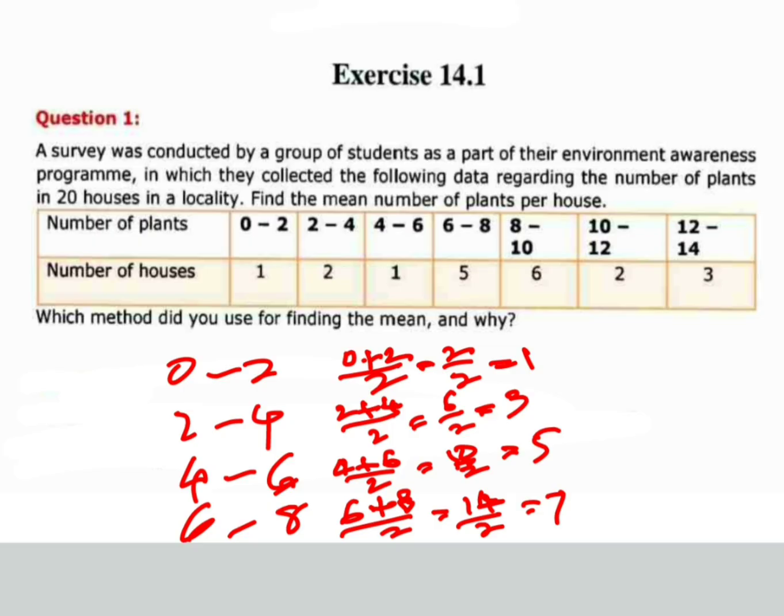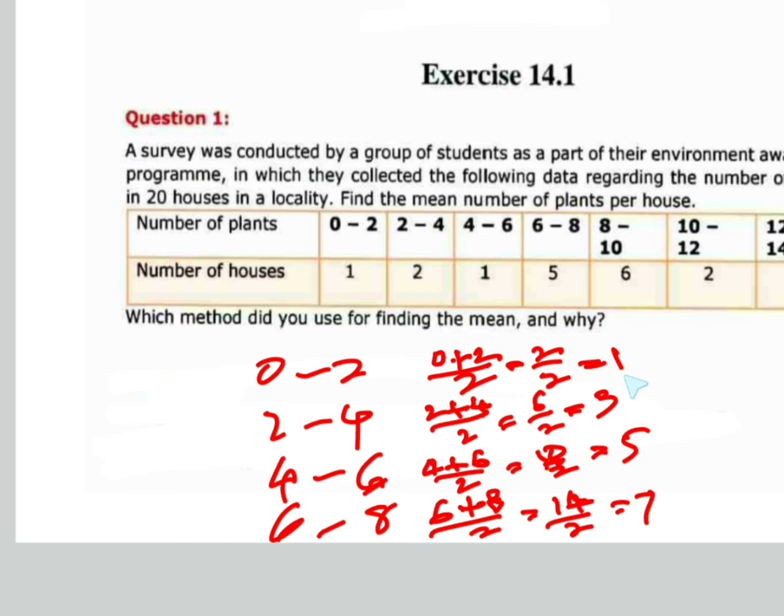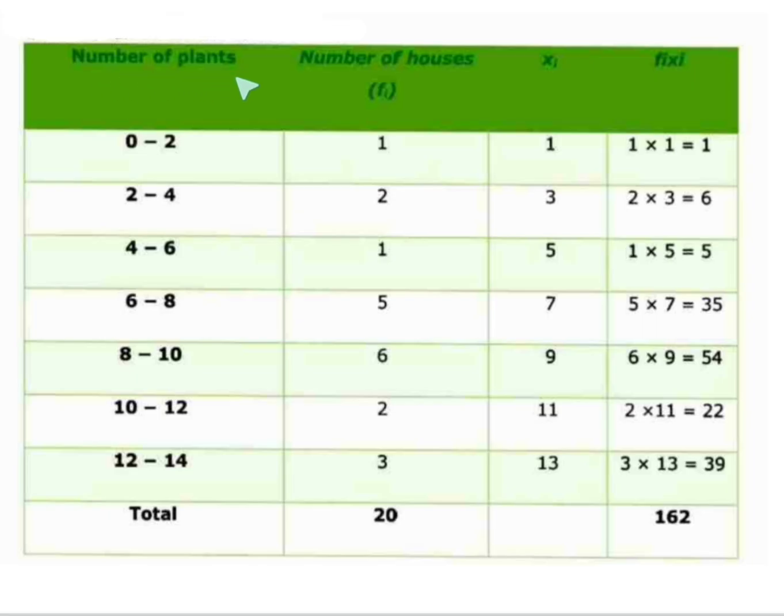Now we are calculating this in a table. These midpoints are called mid values, that is the x values, xi, and the frequency, the number of houses, is fi: 1, 2, 1, 5, 6, 2, 3. I change the table into vertical form: number of plants 0 to 2, 2 to 4, 4 to 6, and so on, with frequency fi 1, 2, 1, 5, 6, 2, 3.